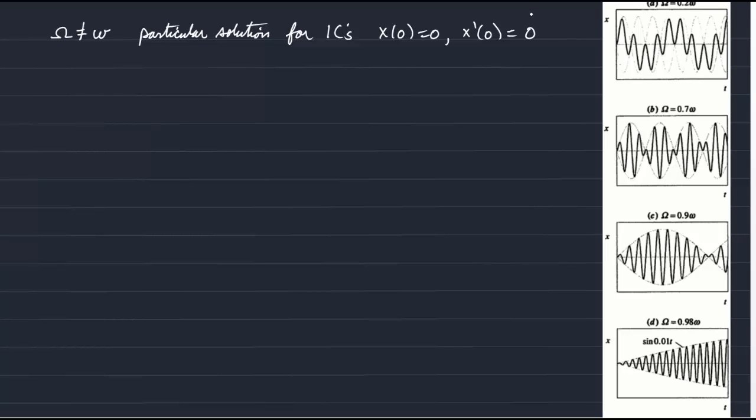Our general solution again was x is equal to E cosine of little omega t plus phi, plus F naught over m, all over the difference in the squares of our two frequencies, times cosine omega t. Using these initial conditions, we find that phi is equal to 0. That's the first constant.